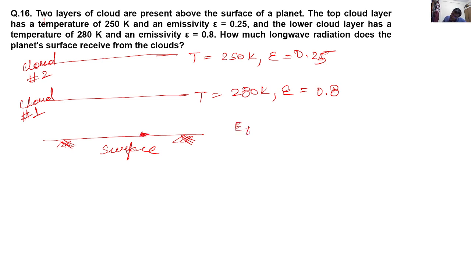So E total would be contributed by each of the clouds, by the way. One of them would be emitted, and the other would be transmitted and then emitted.